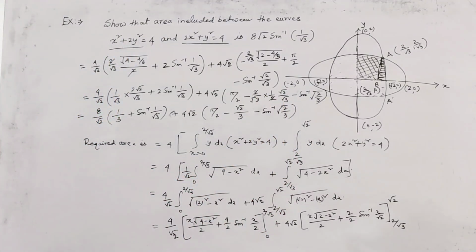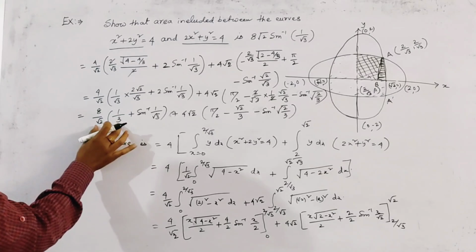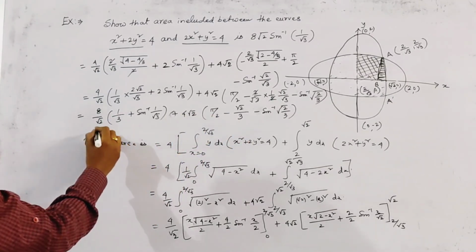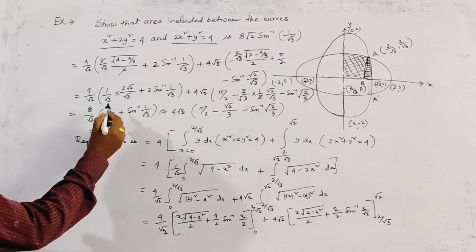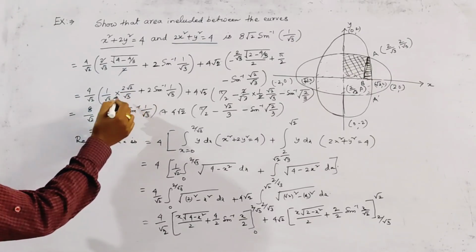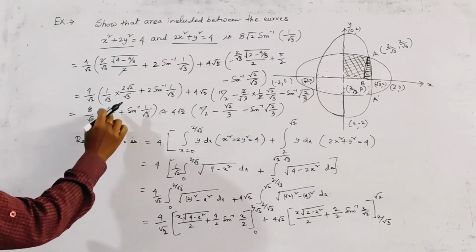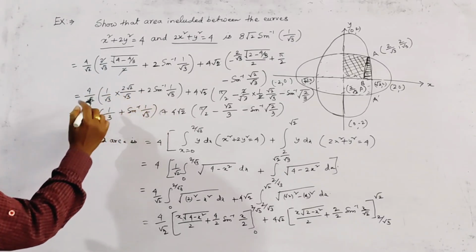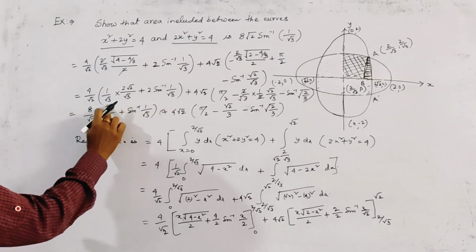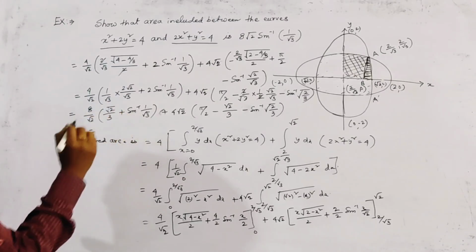Okay, now from this first term and this second term we get the result as, here we make a small mistake, this is 1 by root 3 into 2 root 2 by root 3, this is given by 3, and this is 2 root 2. Okay, now here we take common 2, so here remains another root 2.